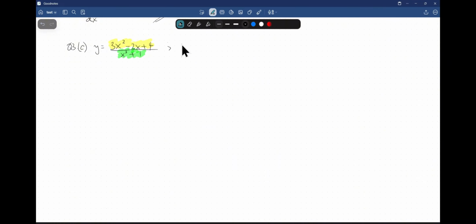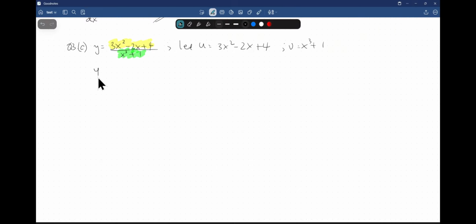So we can let u be 3x squared minus 2x plus 4, and our v is x cubed plus 1.